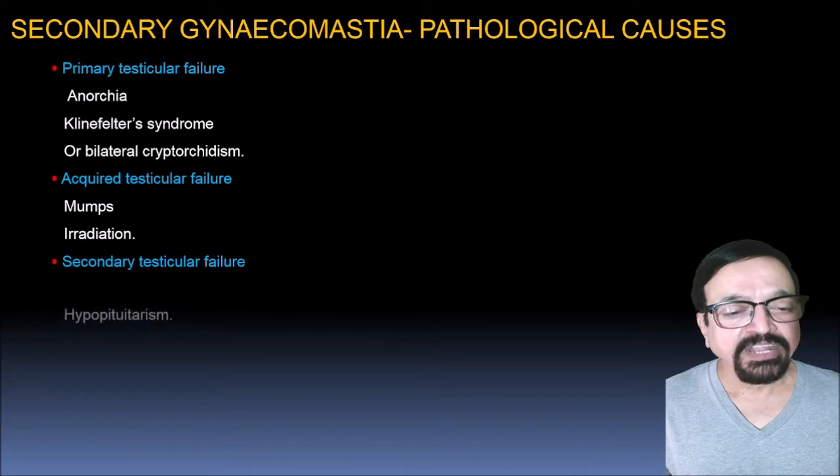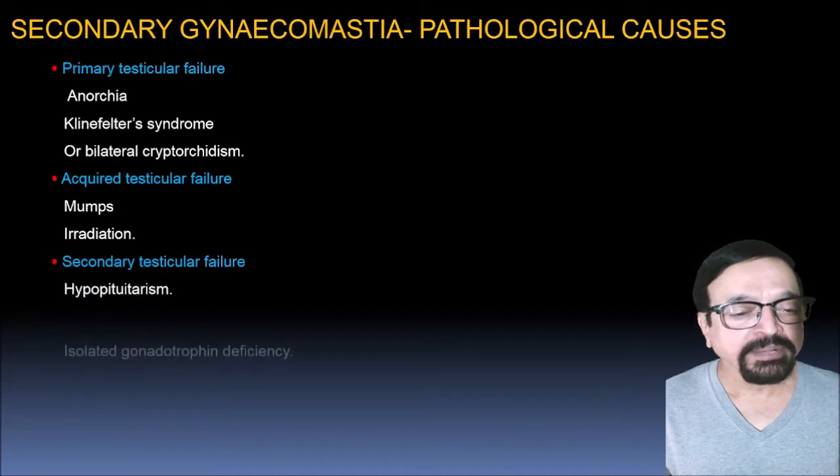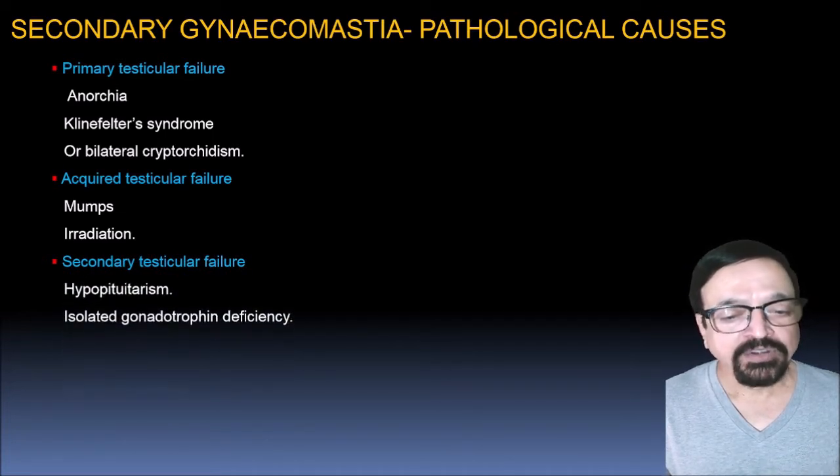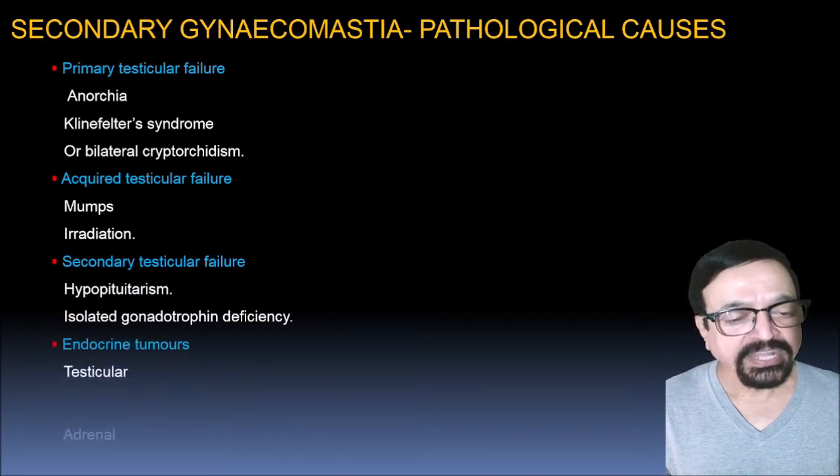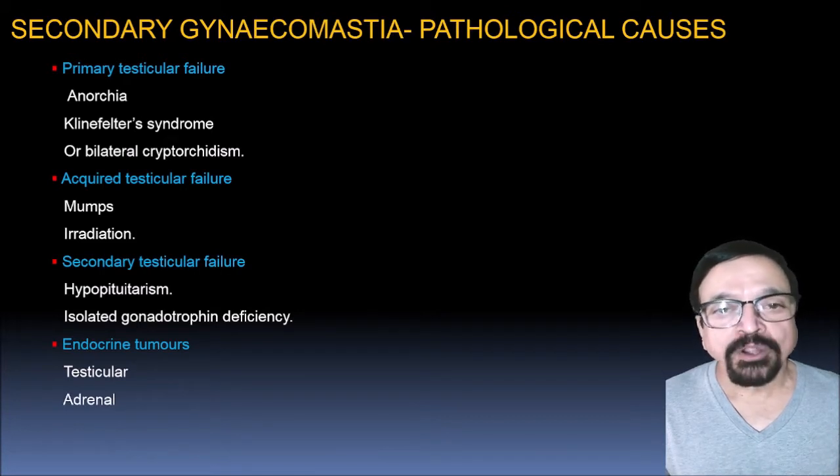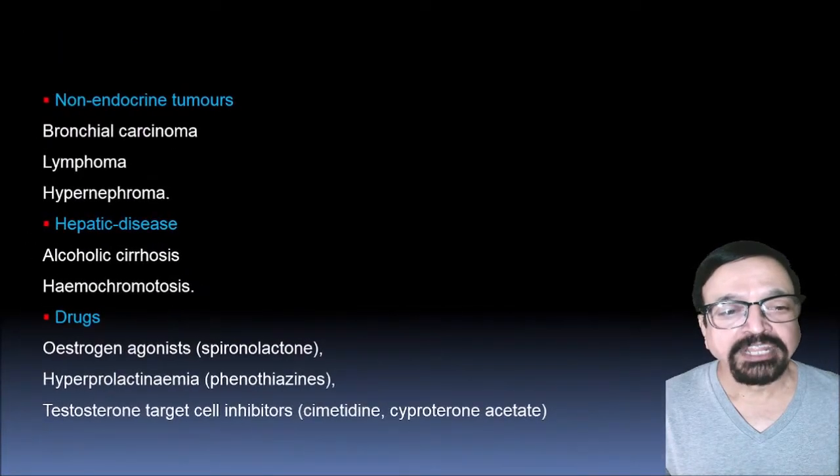Secondary testicular failure includes hypopituitarism and isolated gonadotrophic deficiency, and endocrine tumors include testicular and adrenal. All these things are important in knowing secondary gynecomastia and must be kept in mind.